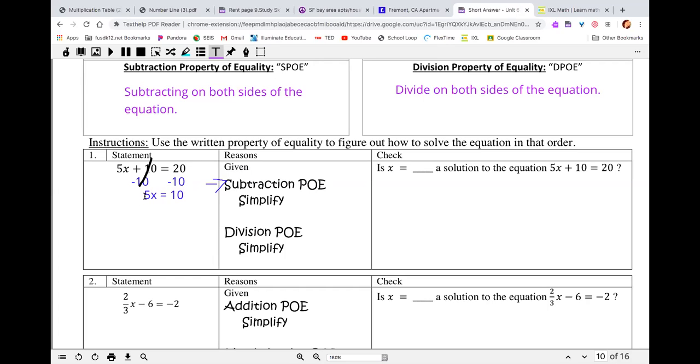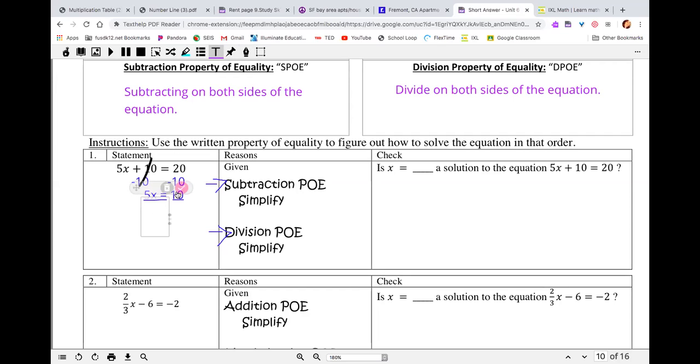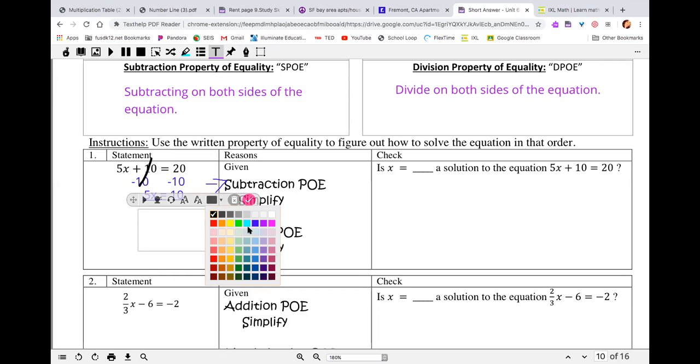So what do I need to do if this is times? And over here, remember, I have a clue. Divide. Yeah, DPOE. Now I divide 5 on both sides.